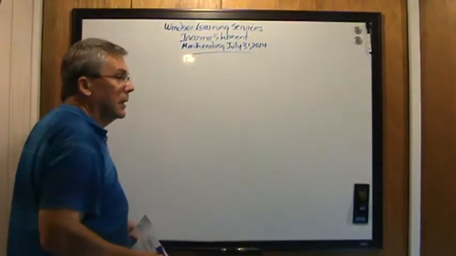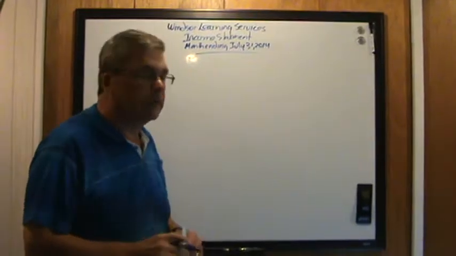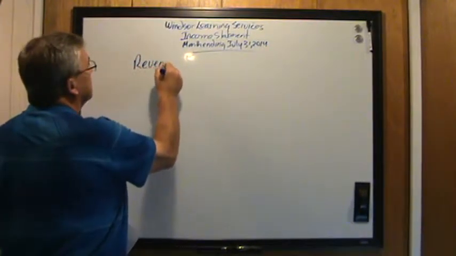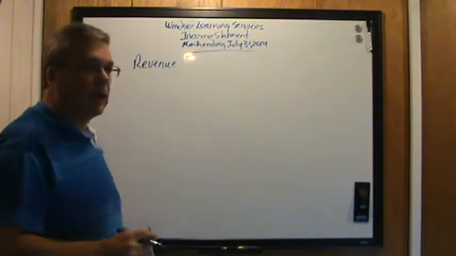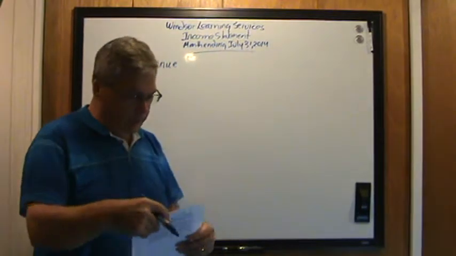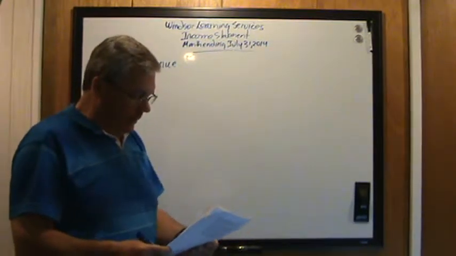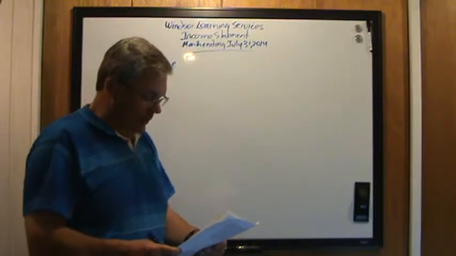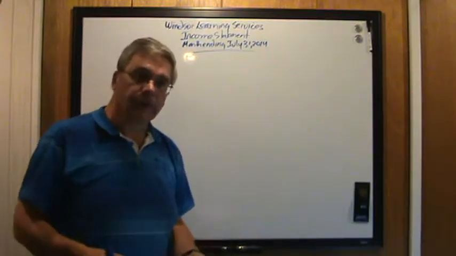Good. Income statement always starts with revenue, so we'll try to identify all of the different revenues that are involved in this statement. So we go down the different accounts and we get to textbook rental revenue.